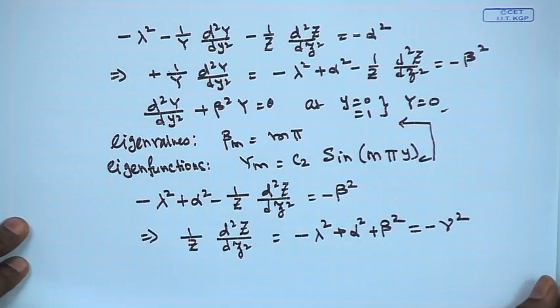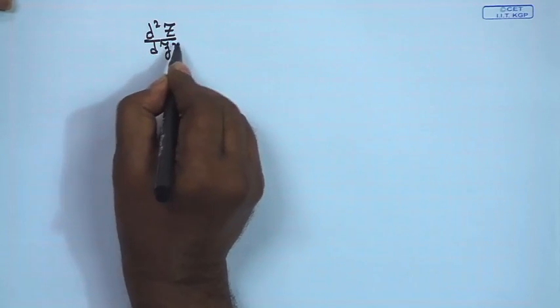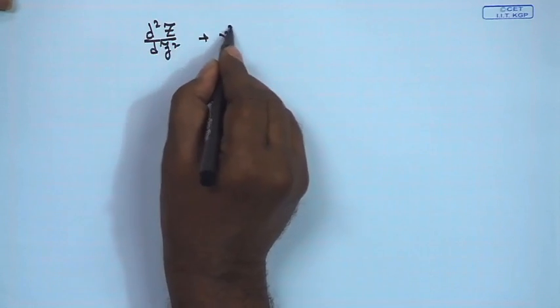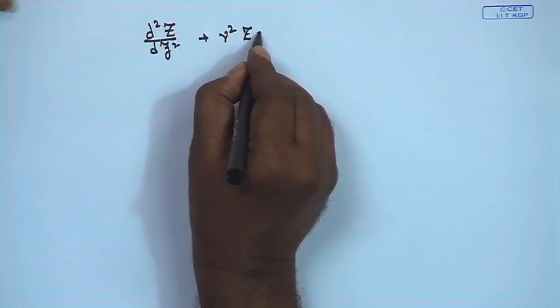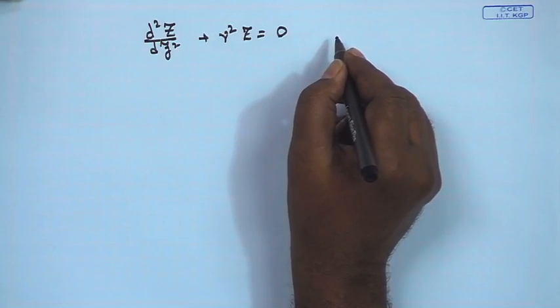Now, let us formulate the governing equation of the z varying part. It will be d square Z d z square plus gamma square Z equal to 0, and the boundary conditions of the z varying part must satisfy the boundary conditions of the original problem.